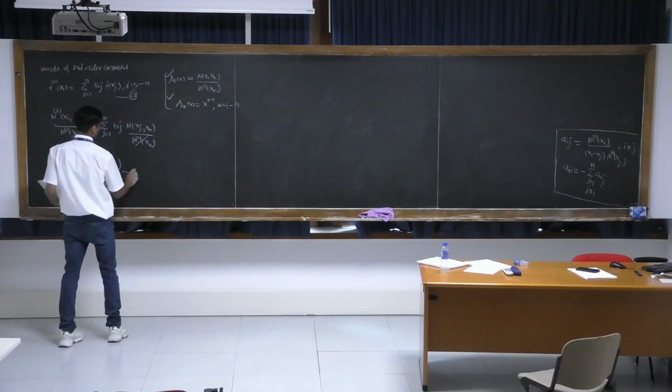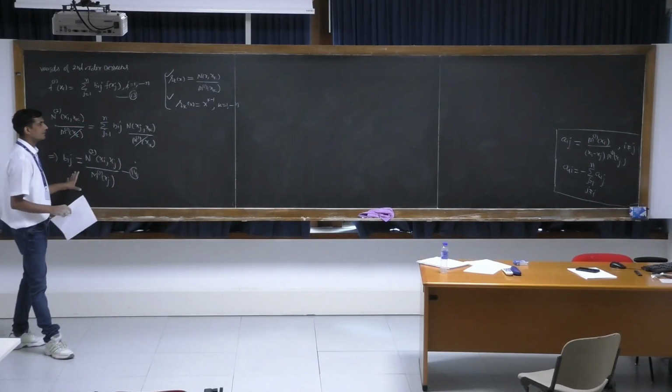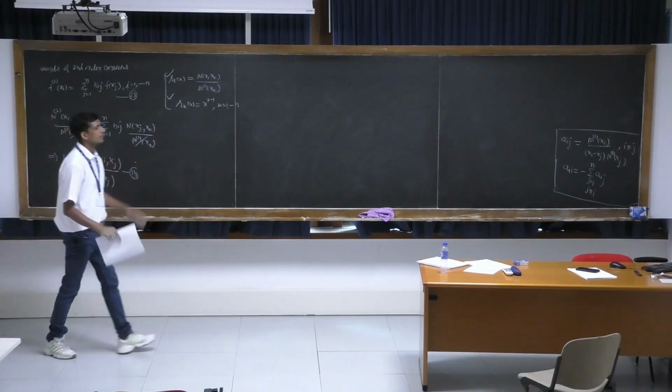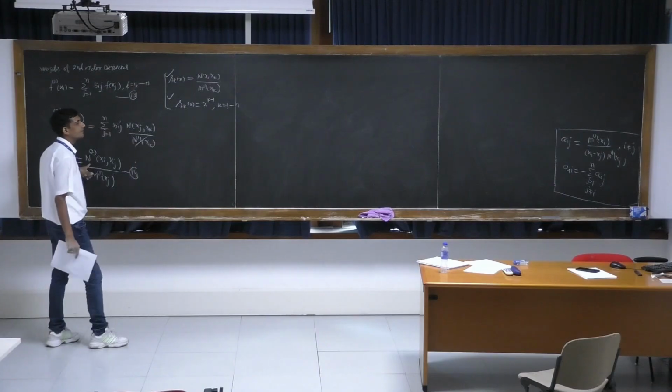Say this is 14. Again, from equation number 7, we have to find this second derivative.